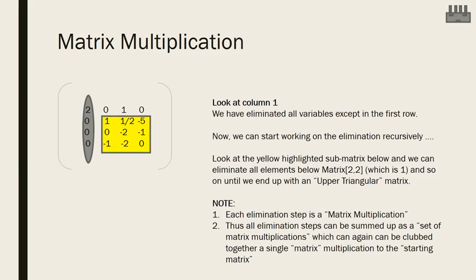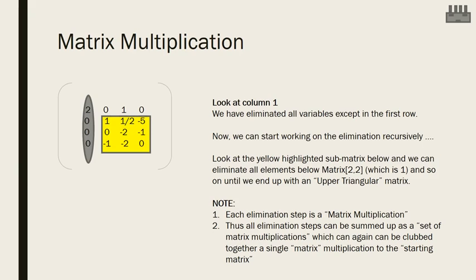So by representing things as a matrix and by defining the operator, we are able to take a linear system of equations and change it to a triangular system of equations which can be solved.